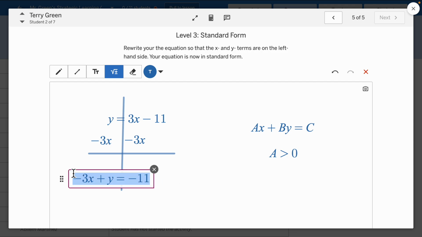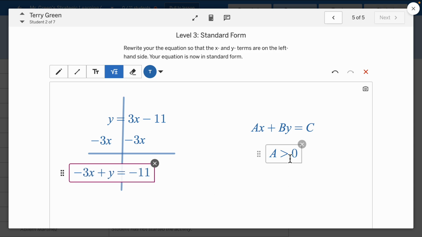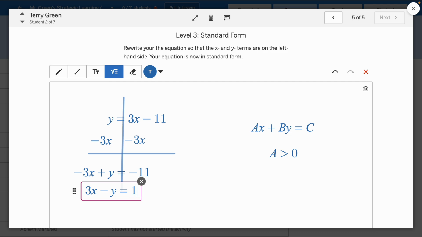All right, almost there. Since I need my a to be positive, and I have a negative 3, I need to change all the signs to the opposite. So I'm going to end up with 3x minus y equals 11.